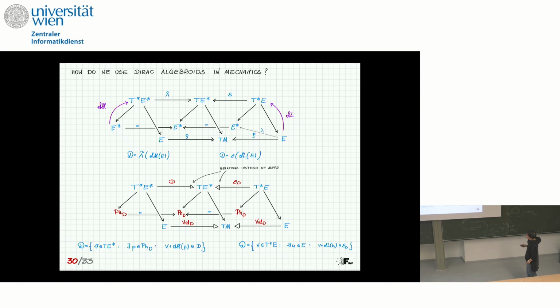So I can take a Hamiltonian. If it is over a subbundle, I generate a Lagrangian submanifold from the function. If it is over the whole T star E, as I wrote it here, then I generate a submanifold here, and then I look for vectors which are in relation with covectors that belong to this generated submanifold.